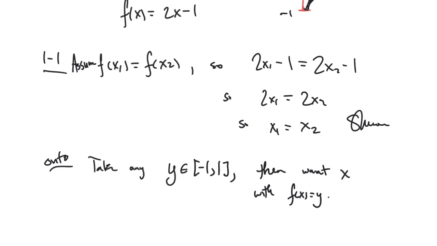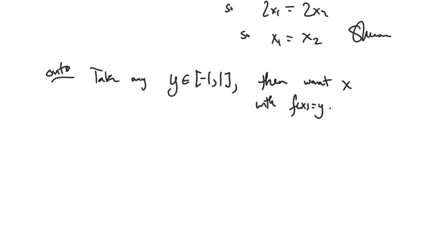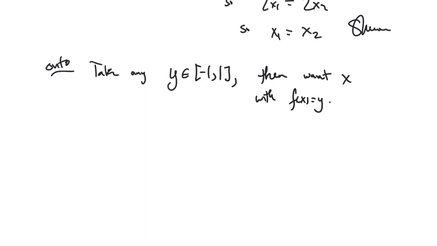And then x would be from 0 to 1. And then since y equals 2k minus 1 and k is in 0 to 1, then f of k equals y. So that's it.